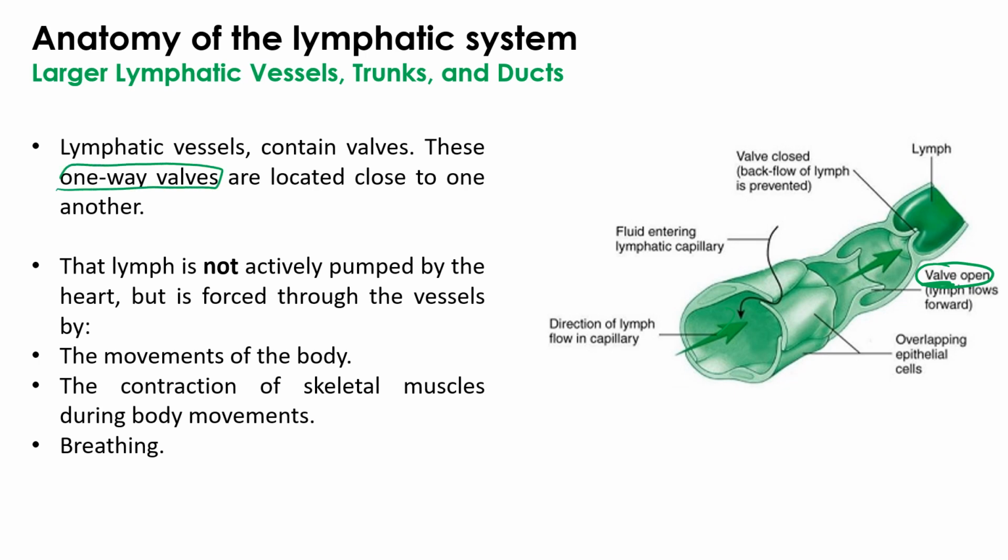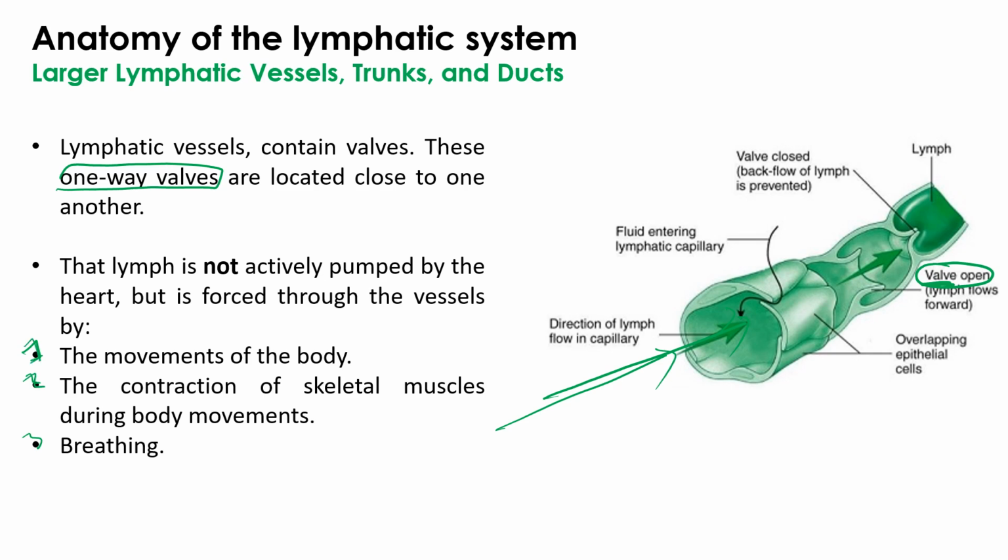So whenever the fluid moves towards these valves, if you have backflow of fluid or lymph, these valves will close and will prevent backflow. Again, we're not yet answering the question, what is the force that moves this fluid through the lymphatic vessels or the veins?